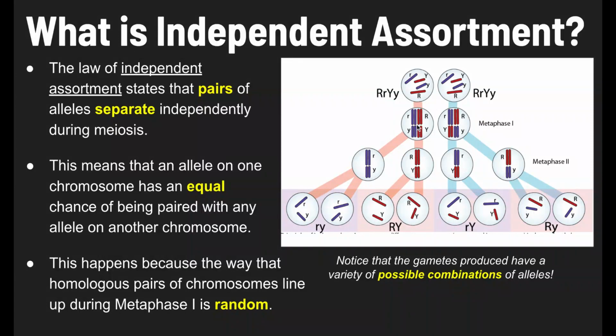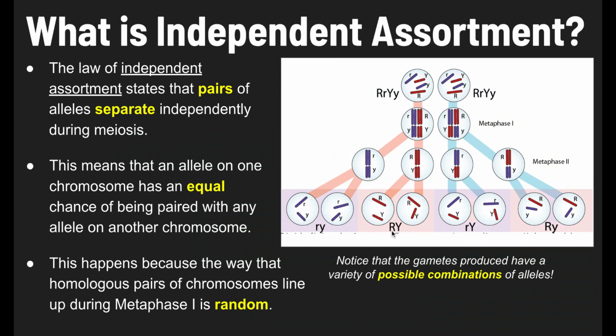Now, this matters because by the end of meiosis, the gametes that get produced can have different combinations of alleles in them. So you can see down here, one possibility is that the chromosomes have the little r and little y allele.